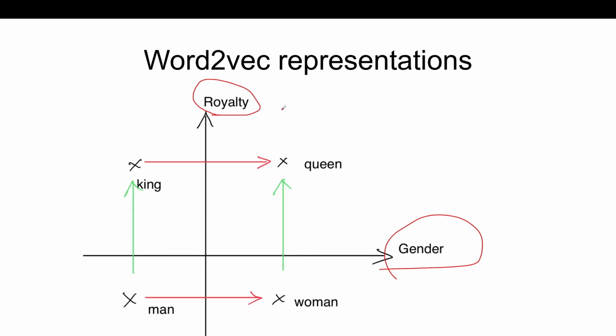With this 2D space of gender and royalty, we can do a bunch of semantic manipulation of the words to get a new word.